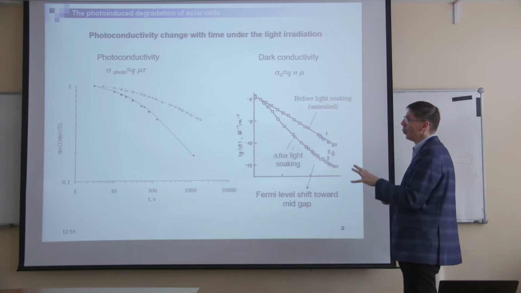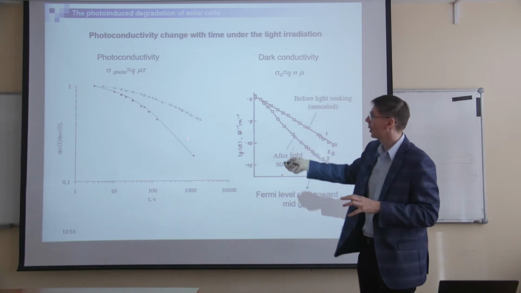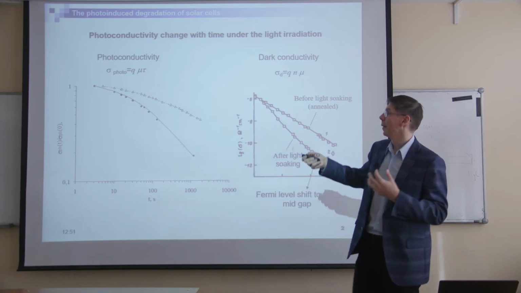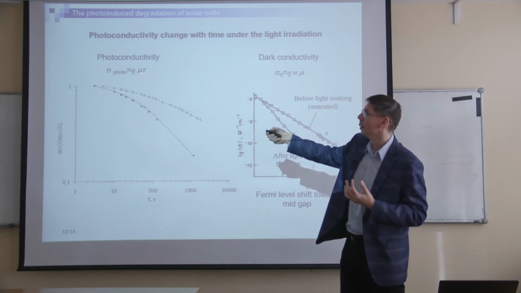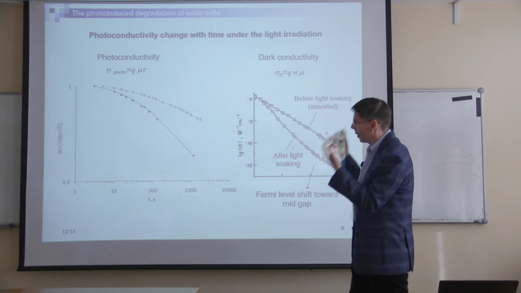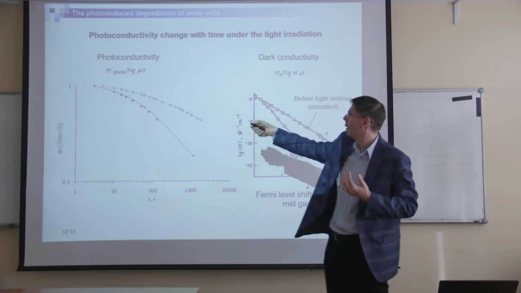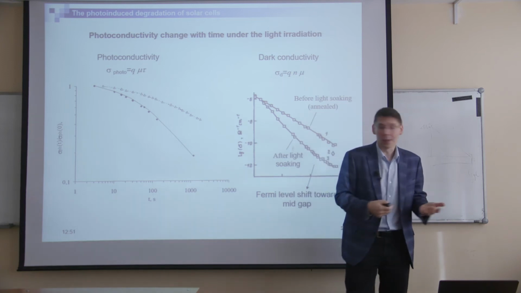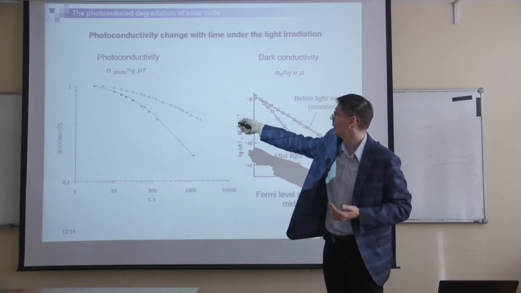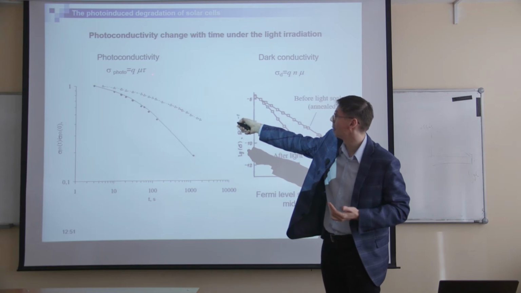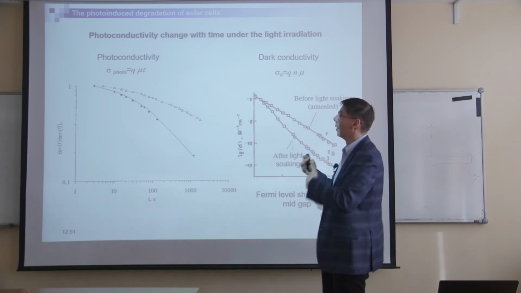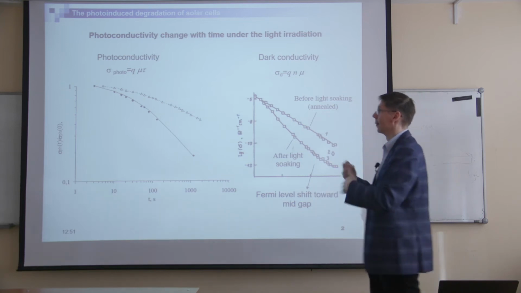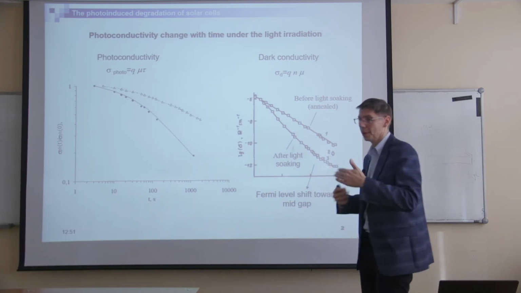So if you have a look at the decrease of the photoconductivity, first of all you have to think about the photoconductivity that corresponds to the so-called mu-tau product, the product of mobility and lifetime. Actually, there should be the generation rate also here, so it's the photoconductivity divided by the generation, normalized to the flux.